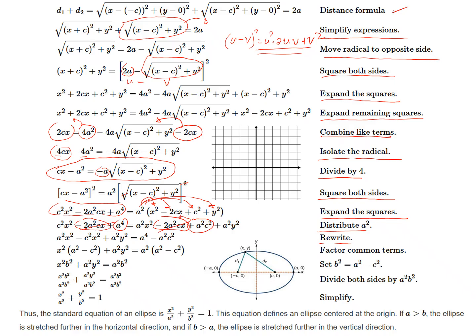Okay, and then just rearrange, rewrite it. So when you transpose this to the left side, we have e to the fourth. When you transpose this, it becomes negative. All right, and we have this term here, this one combined with this.